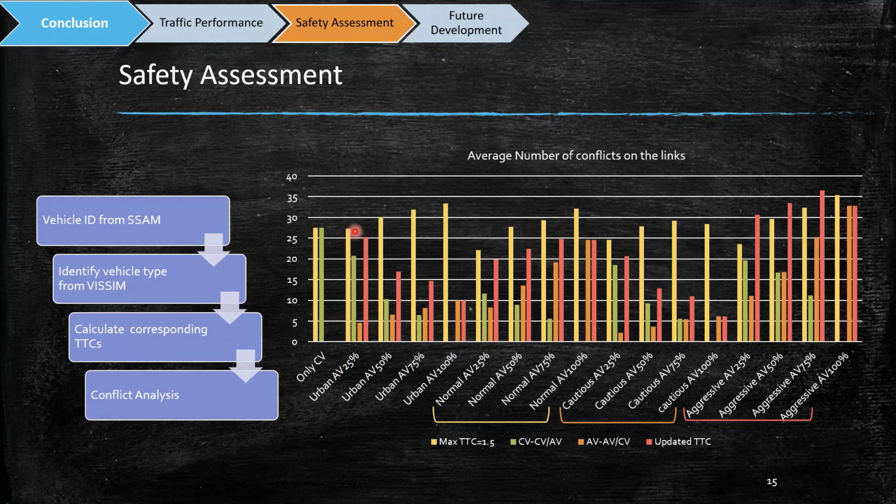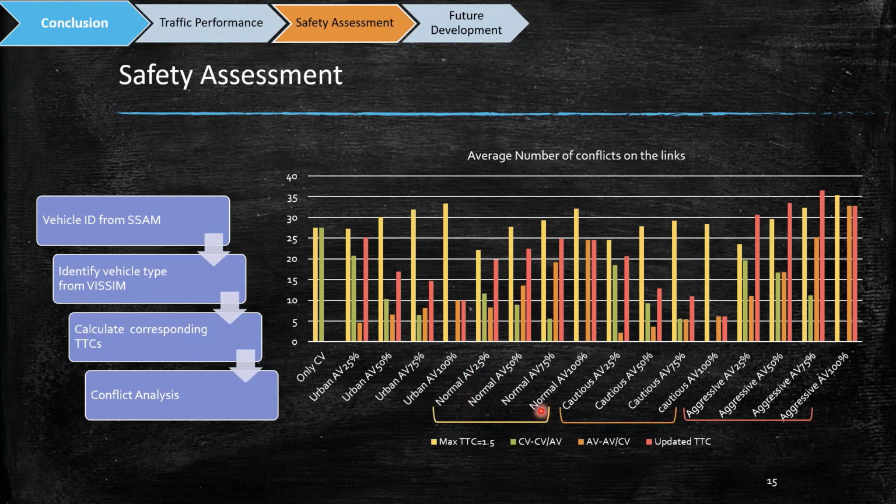But it also shows a reduction by penetration of the AVs in the number of conflicts when we used the updated TTC in conflict analysis. So we saw some reduction in these types of AVs for the conflict numbers.